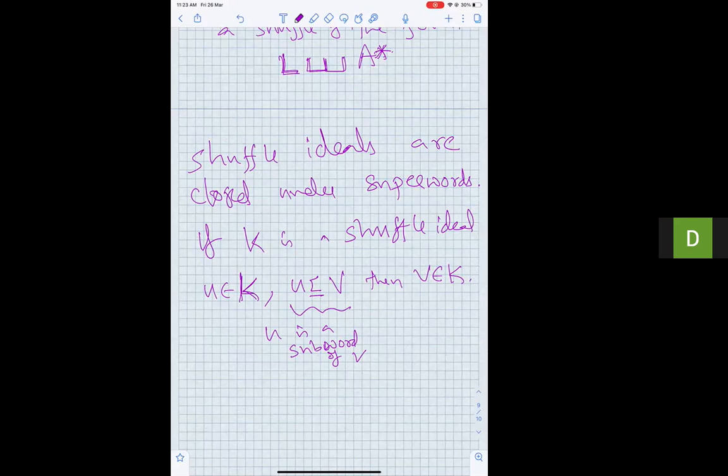Is it behaving like an ideal anywhere? The thing is that we could actually use the term upward closed set, but the word ideal is used in the sense of upward closed, in the partial order, the subword order.